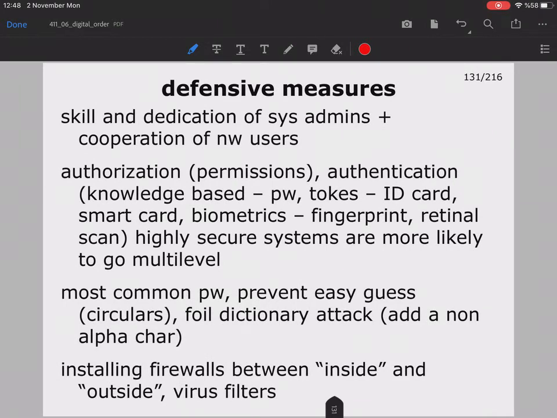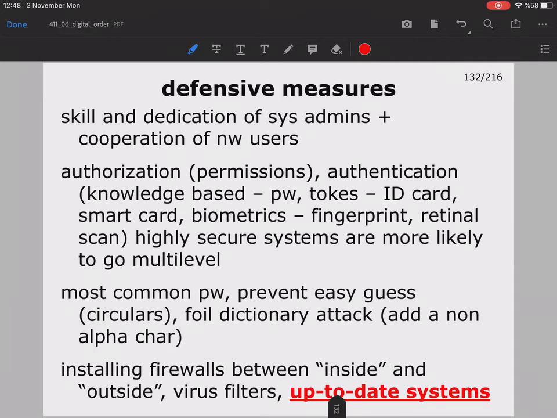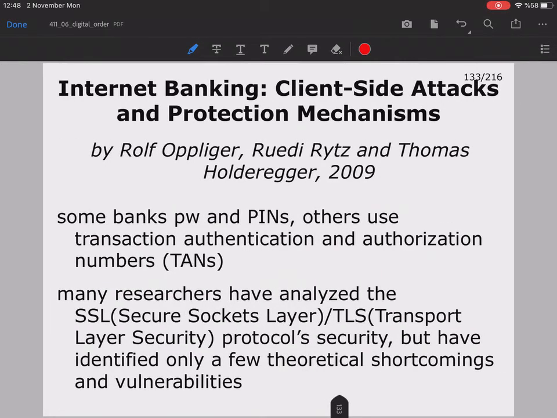And the firewall should be installed between the inside and outside network, and virus filters should also be installed properly. And last but not least, the operating systems that are used should be kept up to date, just in case to not have any security holes in them.